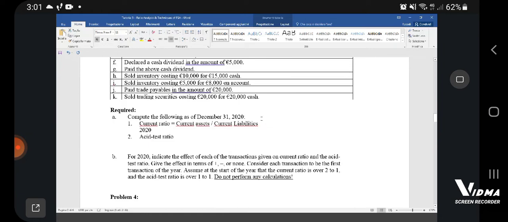Okay, if we calculate that, that is 2.37 times, or 237%, if I would calculate that in percentage.